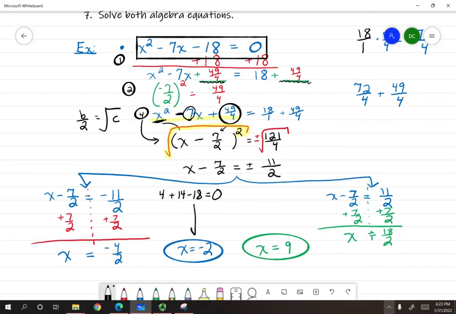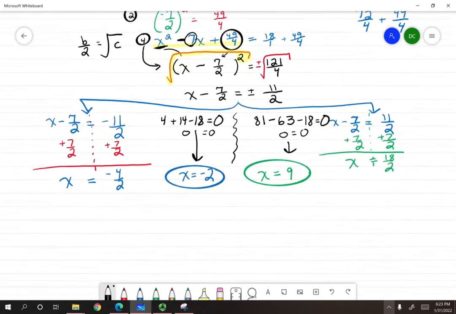Looky there, that does equal 0. I get 0 equals 0. X equals negative 2 checks. If I check it using 9 squared is 81, minus 7 times 9 is 63, minus 18, by golly gosh, it's 0. So I get 0 equals 0 there, and my work checks.